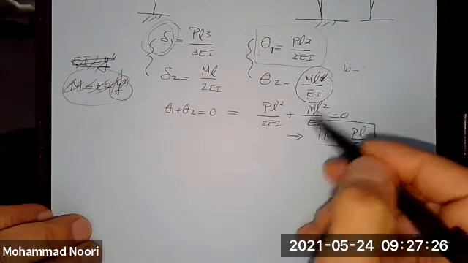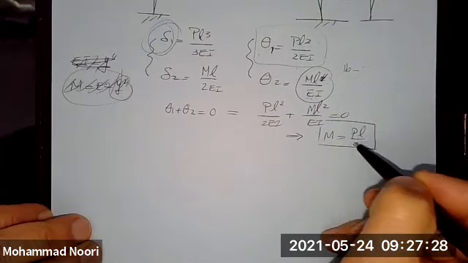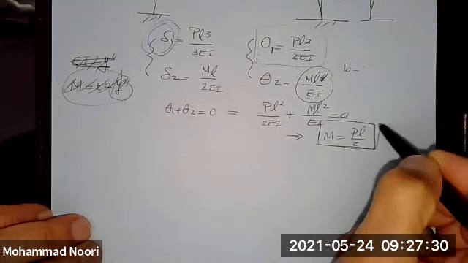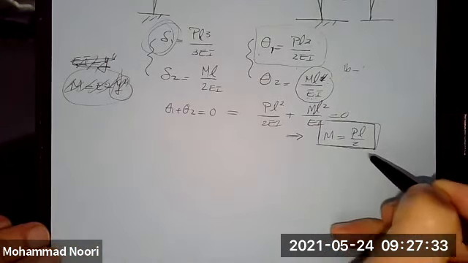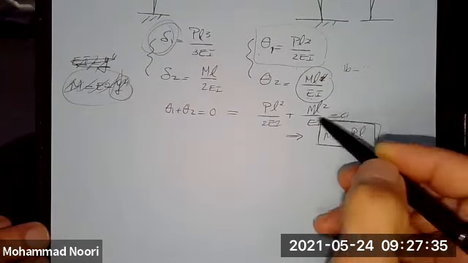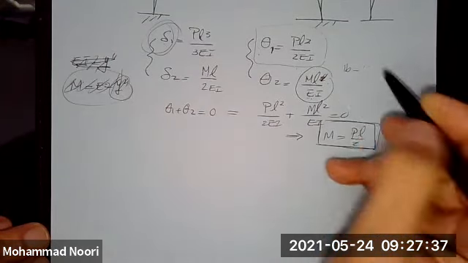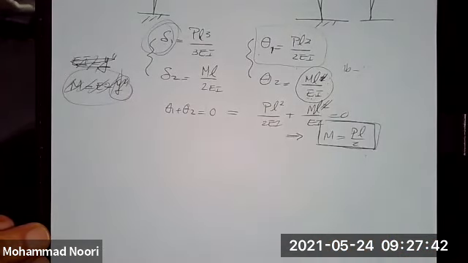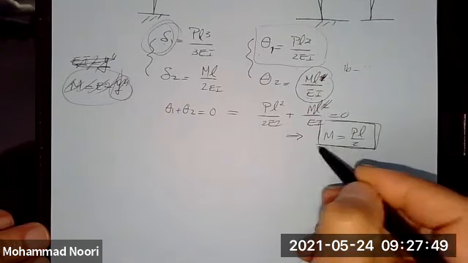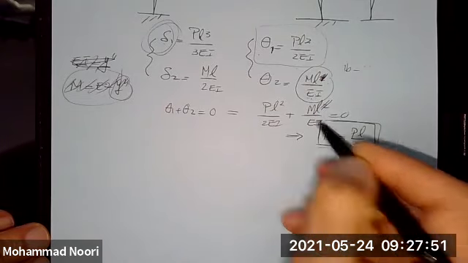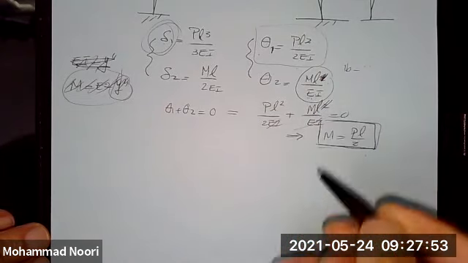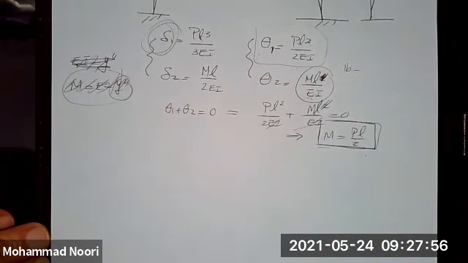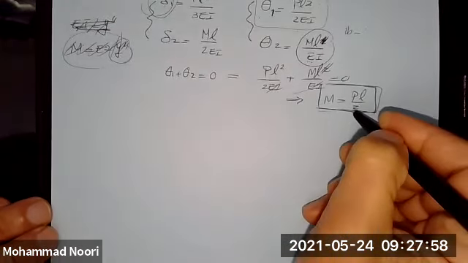So if you do this, this should come out to be PL over 2. Yeah, that would be correct. That's right. So you are right. This is PL squared over 2EI and this is ML, that's that. So this is going to be correct, right? Because EI and EI. I'm glad you noticed that. So we corrected it. So that's what M is.